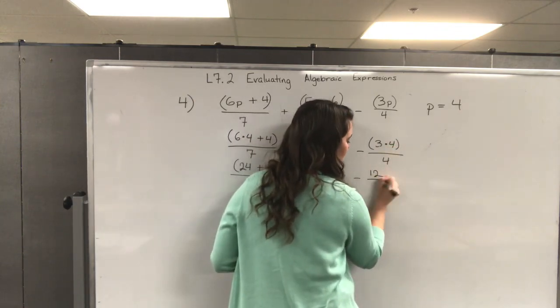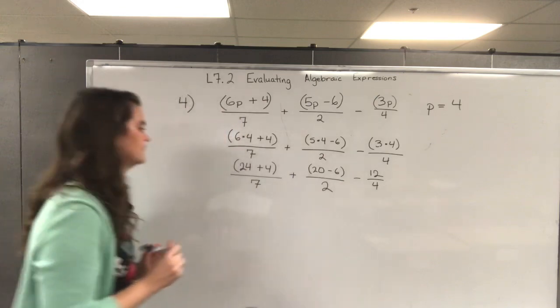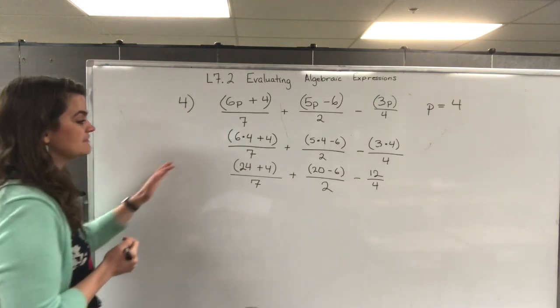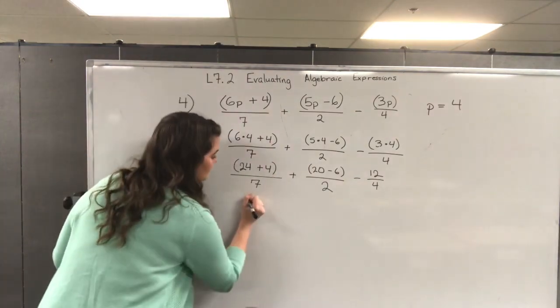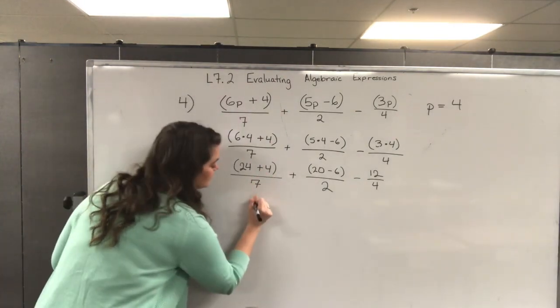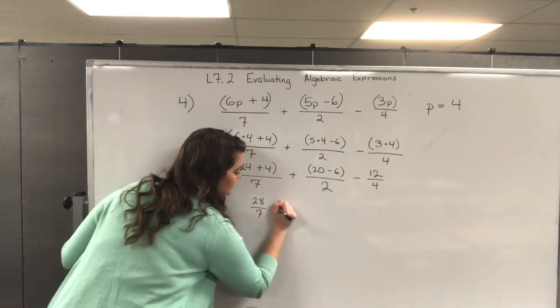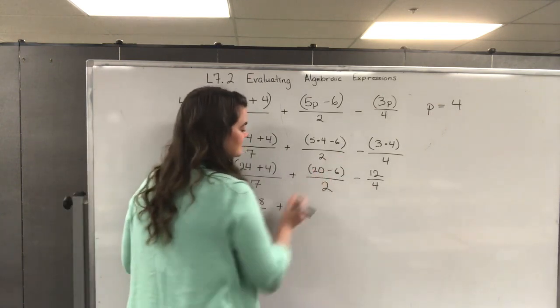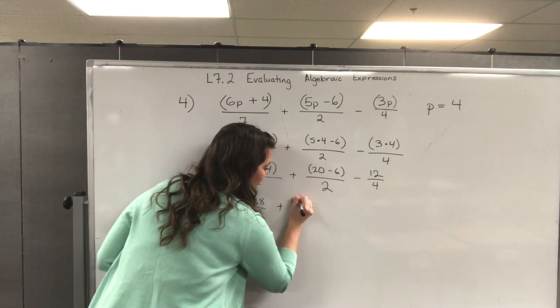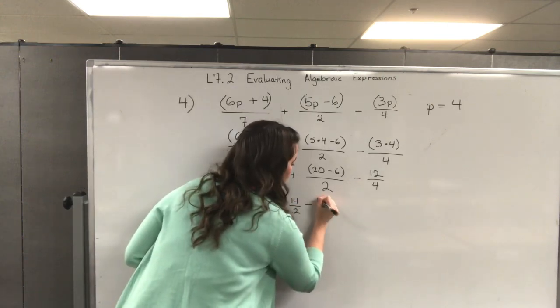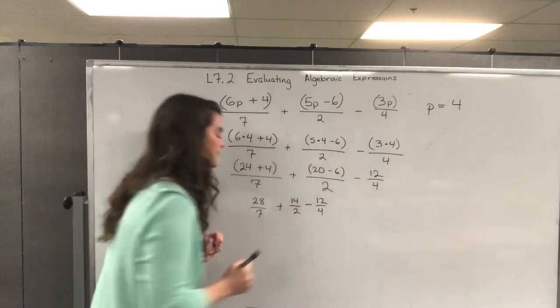So 12 over 4. All right, and then I'm going to keep going. I still have some in parentheses. So we're going to have 24 plus 4 is 28 over 7 plus 20 minus 6 is 14, 14 over 2, and then minus 12 over 4.